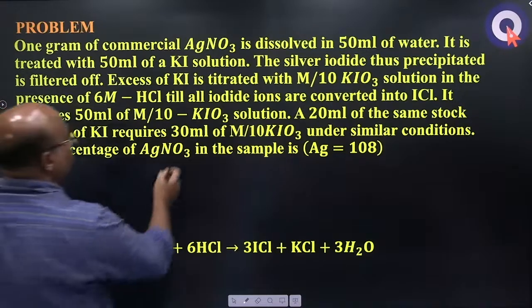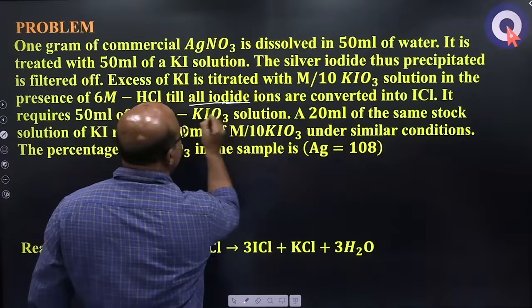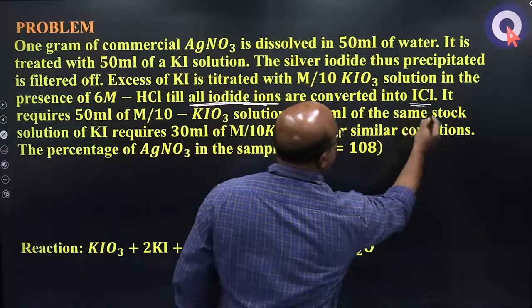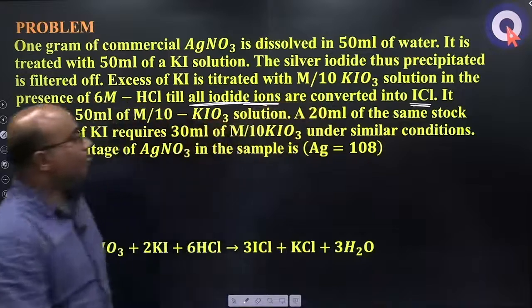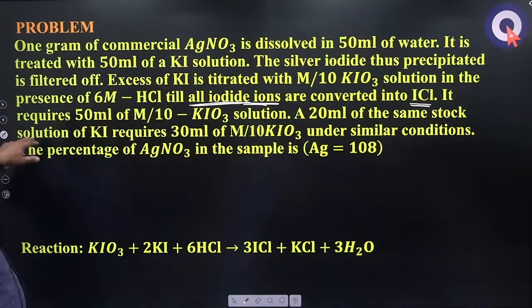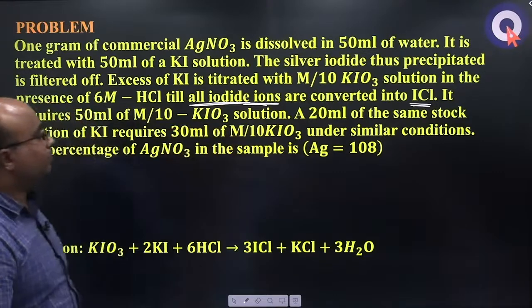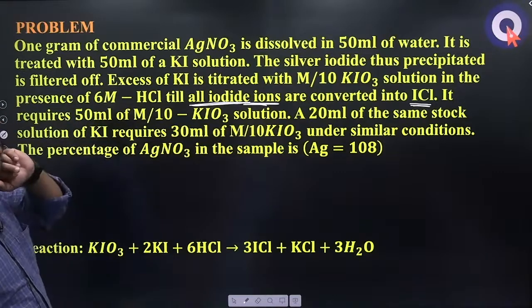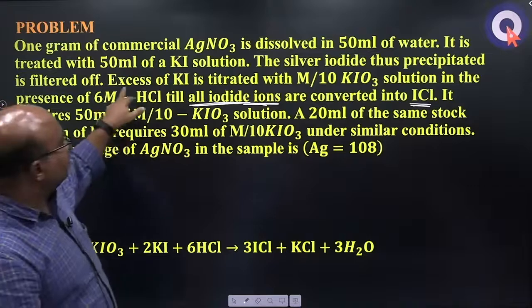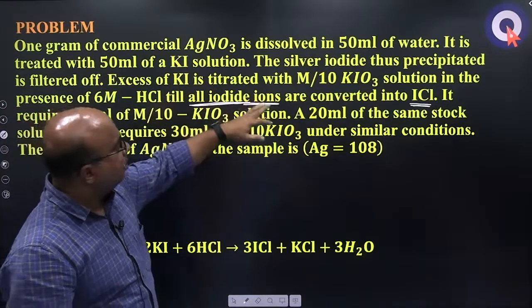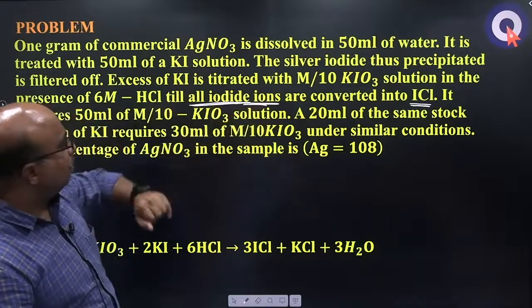So this is what is important in this. All the iodide ions are converted into ICl. Now it requires 50 ml of M/10 KIO3 solution. The excess of KI solution is titrated with M/10 KIO3 solution.